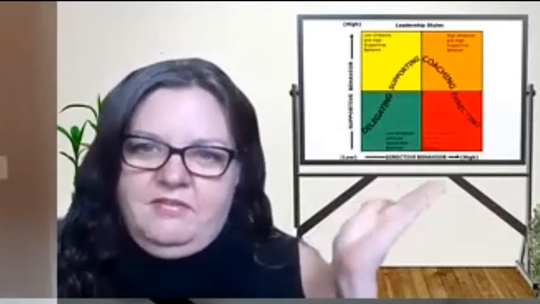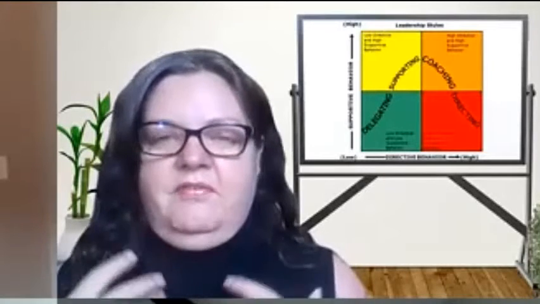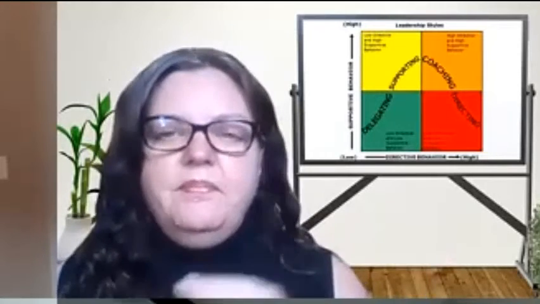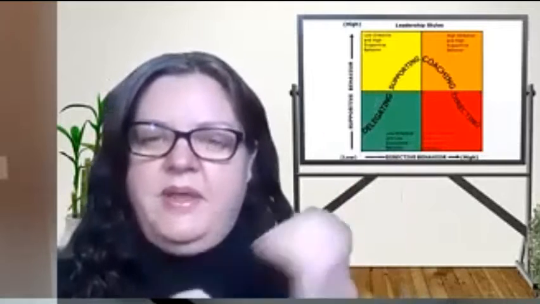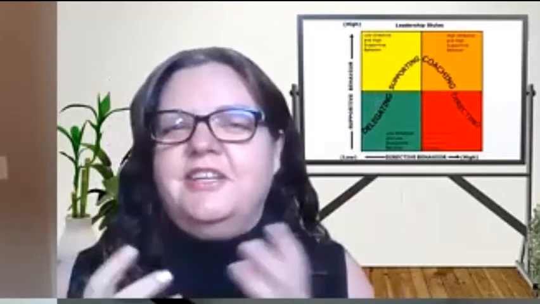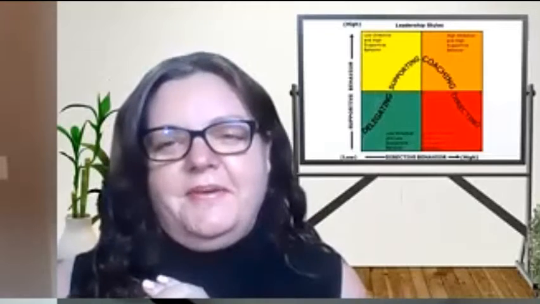It has directive, which goes along the bottom, and directive behavior is where a leader gives very detailed steps of how to do something. It's like do step 1, 2, and 3. And then going vertical, we have supportive behaviors. The supportive is the more touchy-feely, you can do it, encouragement type of behavior.